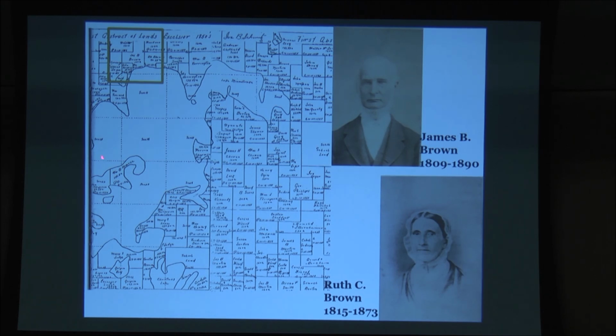And a little plat map showing their property coming out to Brown's Bay. And today, if you were driving from Wayzata on Shoreline Drive, you know the house that has the Statue of Liberty and the lions? As you go past it, that's the Brown property.